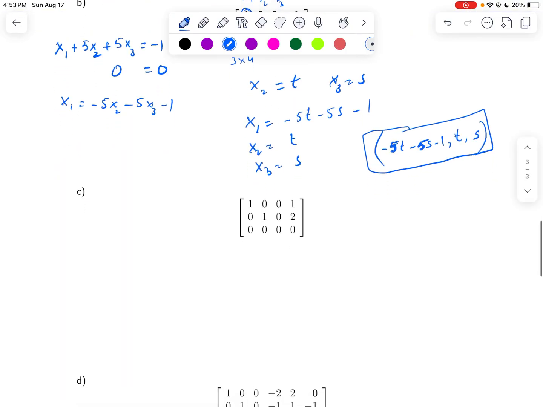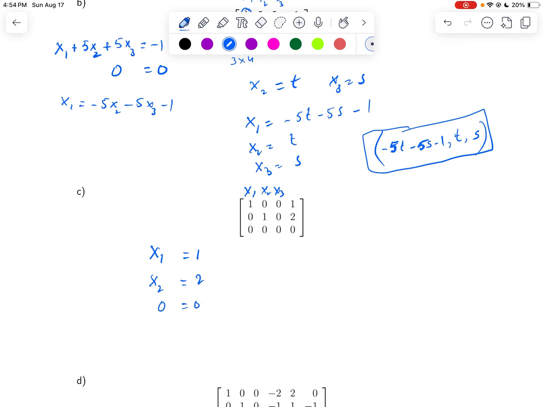Part C, we have x1, x2, x3 and so on. So from the first equation I have x1 equals 1. From the second equation I have x2 equals 2. And from the third equation I have 0 is equal to 0. So what does that mean?